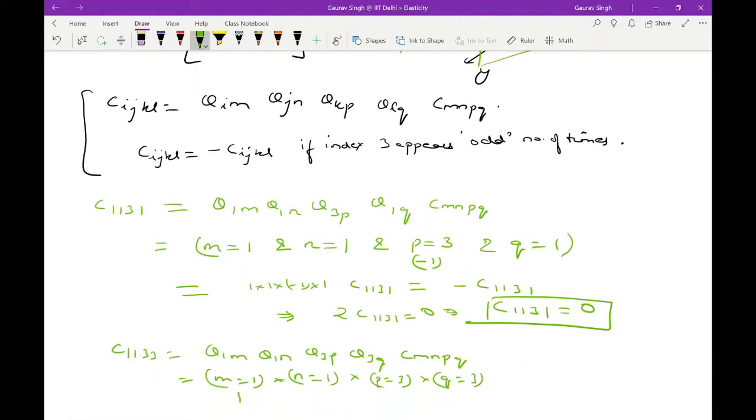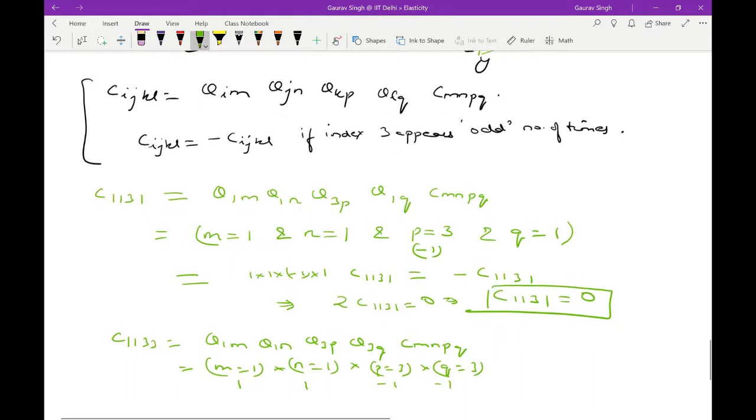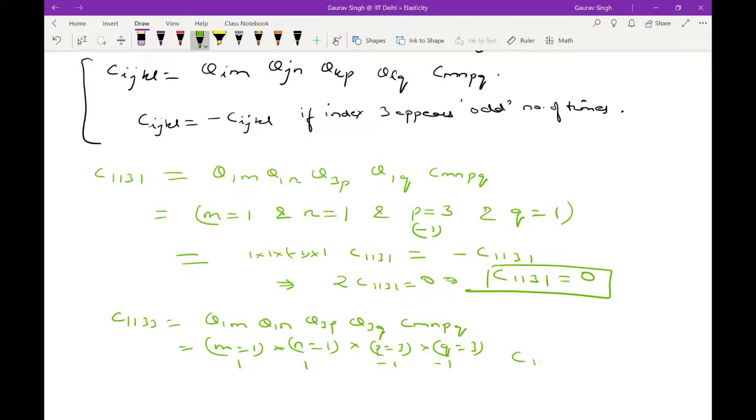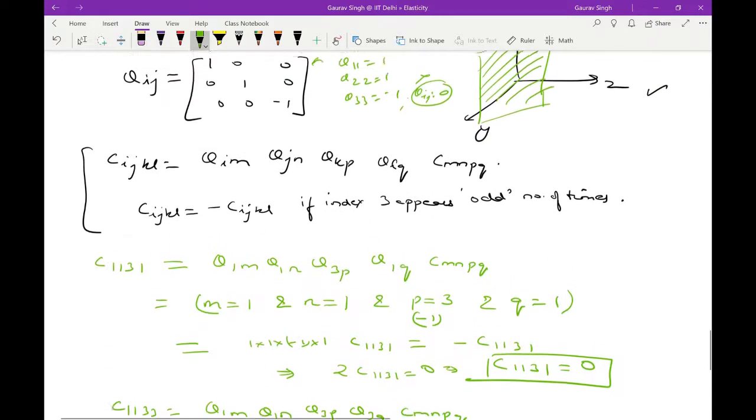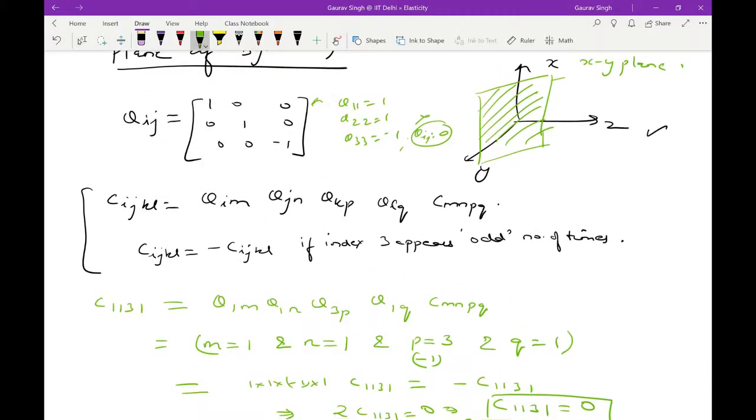This will give 1, 1, minus 1, minus 1, and this product will be 1, so C1133 is equal to C1133. There's no minus sign over here, because 3 is appearing an even number of times. So this statement is correct.